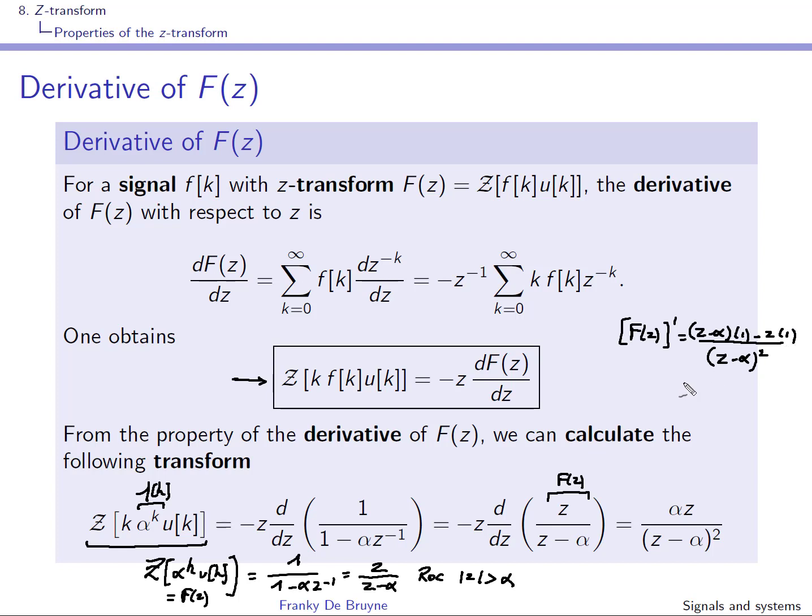So the derivative is minus alpha over z minus alpha squared, right?